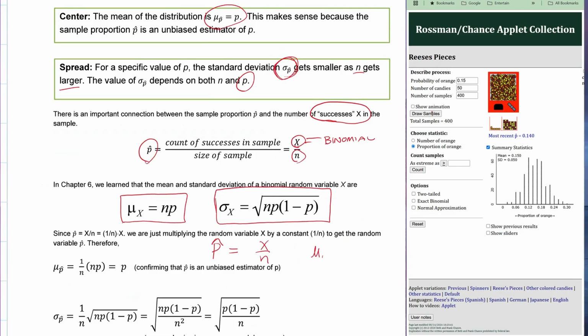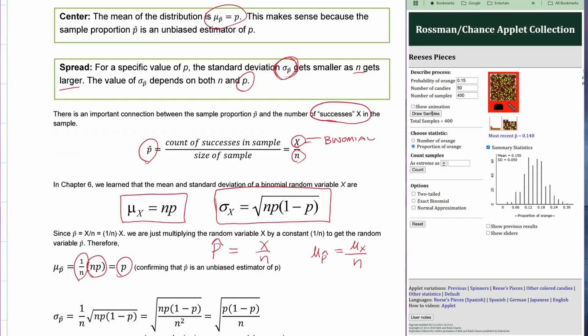Therefore, the mean of p hat is the mean of x over n. Well, what happens when I take 1 over n and multiply it by the mean of that random variable x? Well, I just get p.